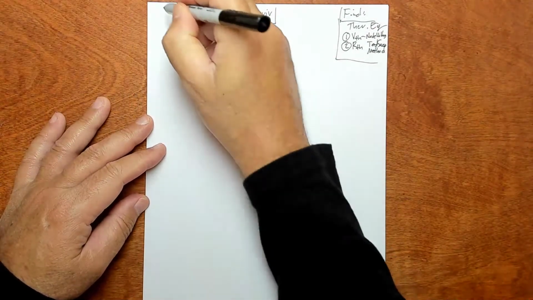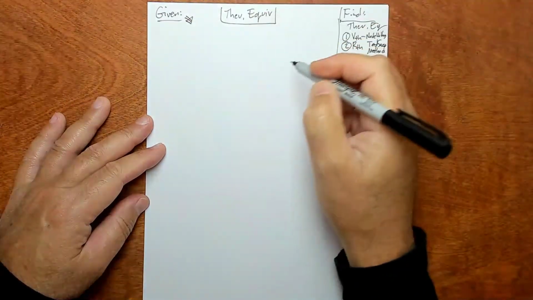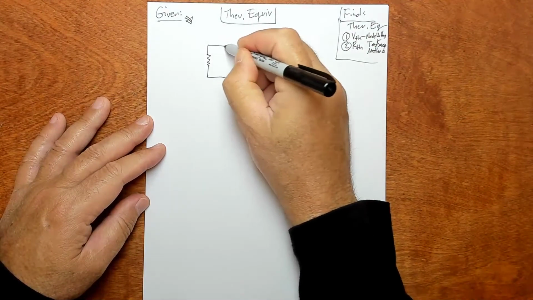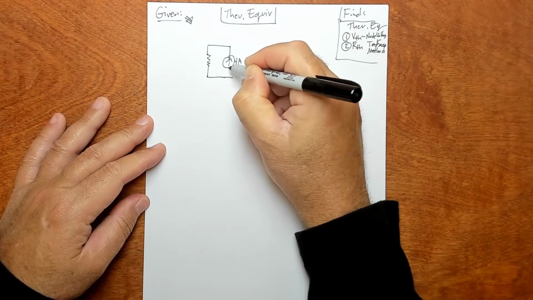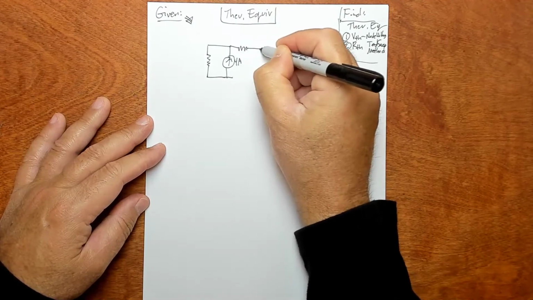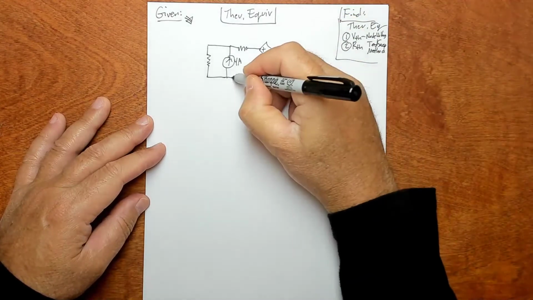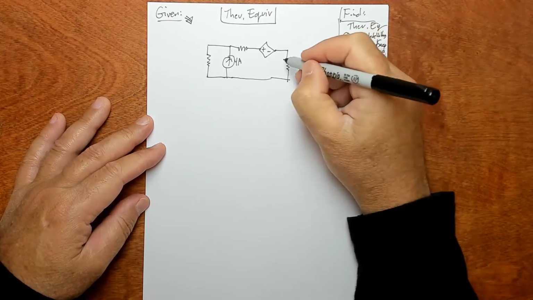The circuit that we're given is this guy. These are good problems, these test source things. There's a lot of fun stuff that happens in here.